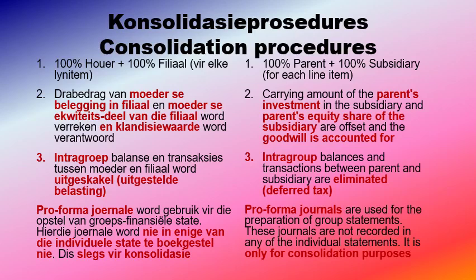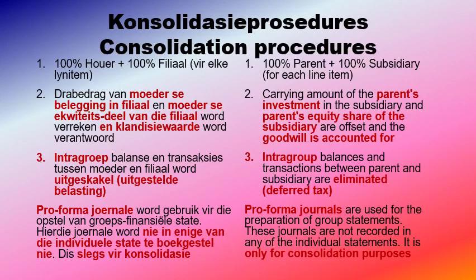Then the next step we said was to eliminate the items that are the same. In this case, if the parent company bought an investment in the subsidiary, they would have purchased the subsidiary shares. So in the parent company, they have this investment, but this investment is in the subsidiary's shares.